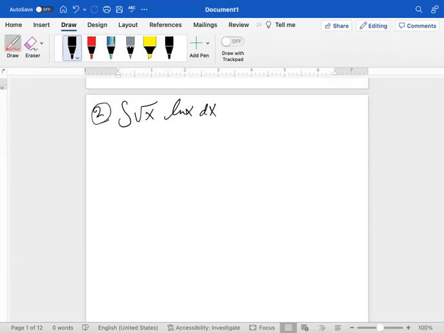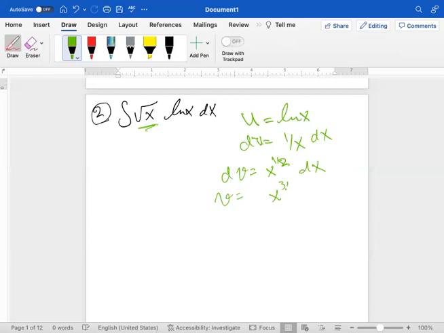So let's start with u is natural log of x, then du equals 1 over x dx, and dv is square root of x, which is x to the power 1/2 dx. Then v is going to be, simply add 1 to the power and divide by the new power, which is the same as multiplying by the reciprocal of the power, which is 2/3 x to the power 3 over 2.